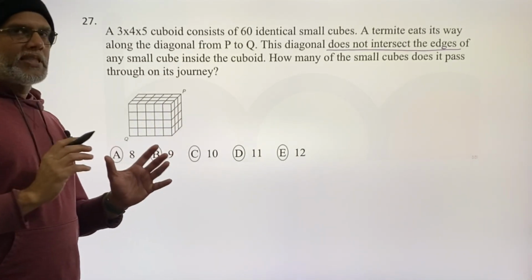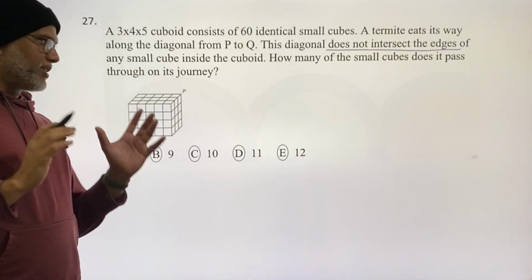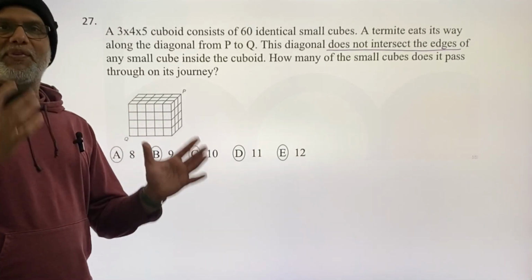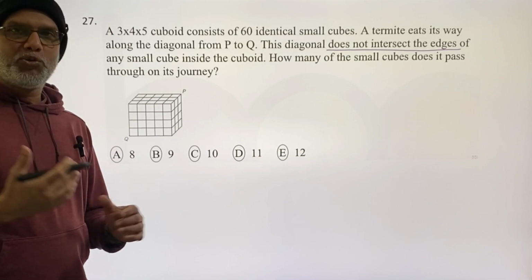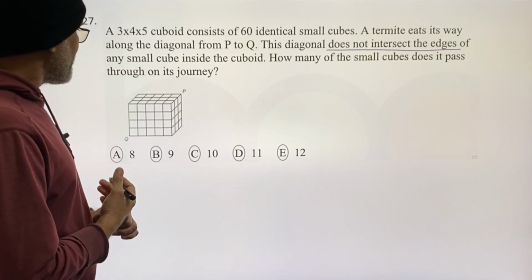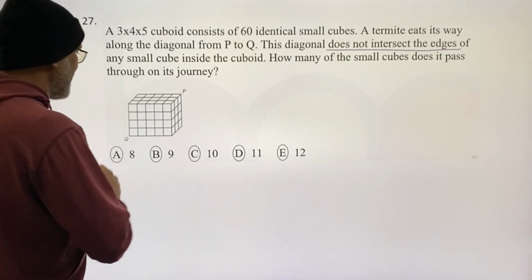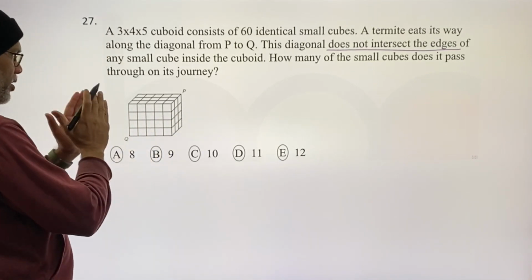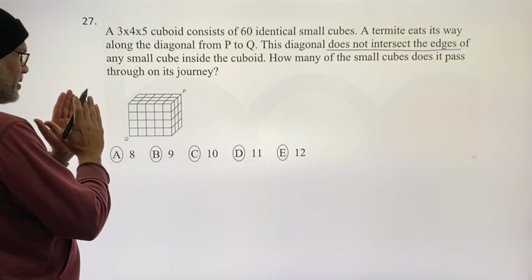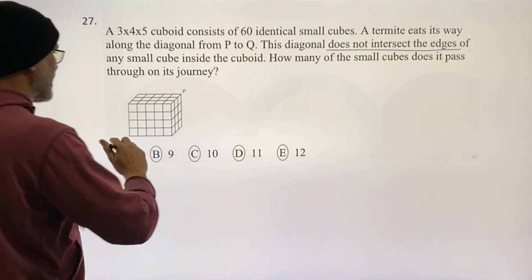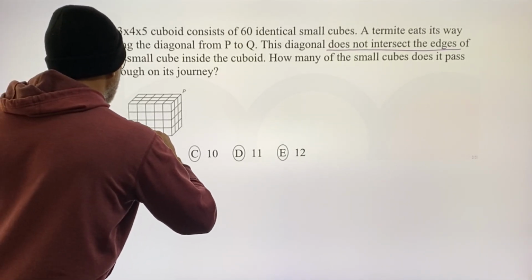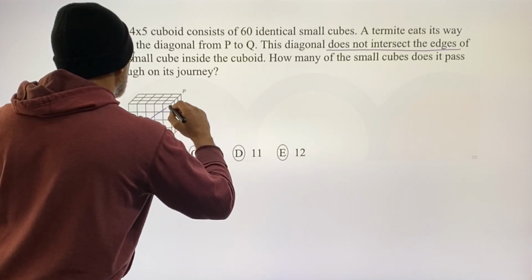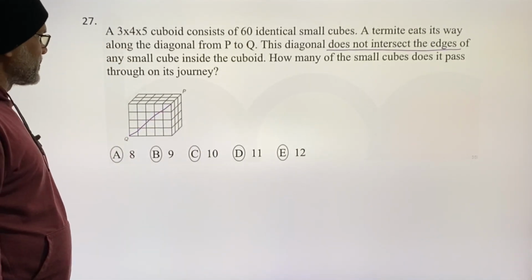So this problem is actually a bit difficult to visualize because it's a 3D problem and also a bit difficult to explain. So I'll do my best. Let me draw a line from here to here, because if I look at the path from this face, from this view, let me try to draw that line. Okay.